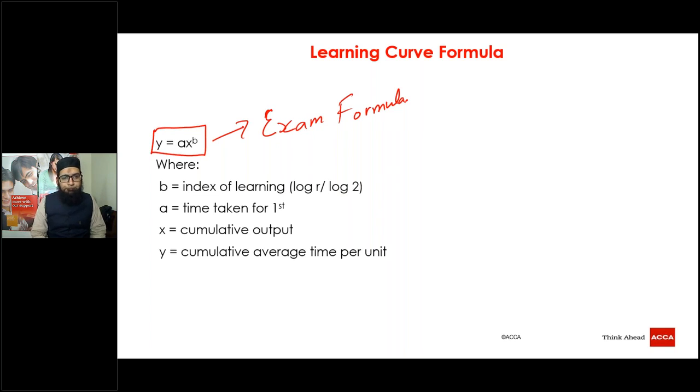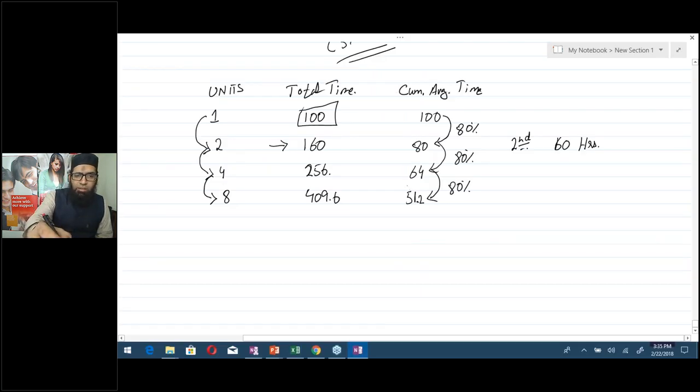Okay? Now, what help do we get from this formula? First of all, we can directly calculate the cumulative average time of 8 units from that formula. So this is one benefit.